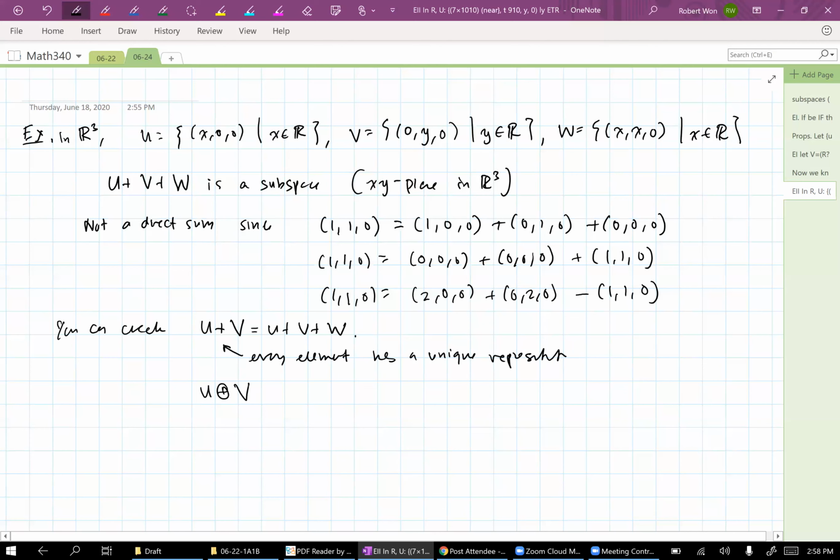So it is a direct sum. And actually, it's not just U and V: if you take the direct sum of U and W, and the direct sum of V and W, all three are the same subspace, the xy plane, and each of these is a direct sum. You should actually check this. You should mess with these vectors and see what happens.